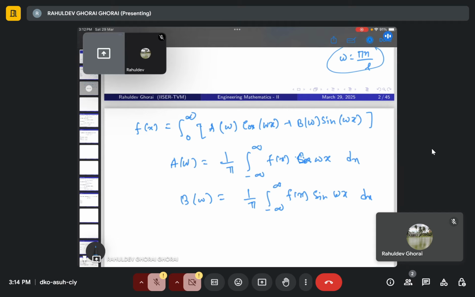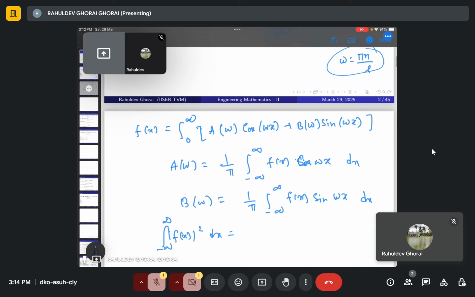So this is the Fourier integral form of the function f(x), and here also you can say that the integral of f(x) square from minus infinity to infinity dx will be pi times the integral from 0 to infinity of A(omega) square plus B(omega) square d omega, of course.